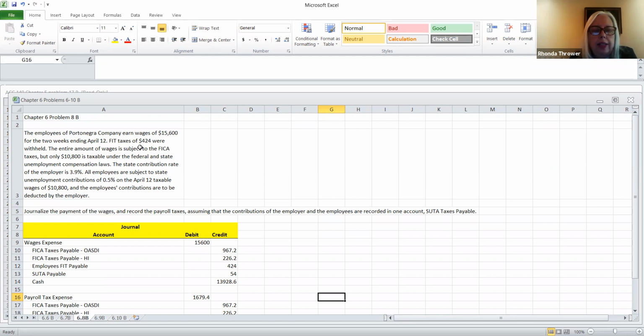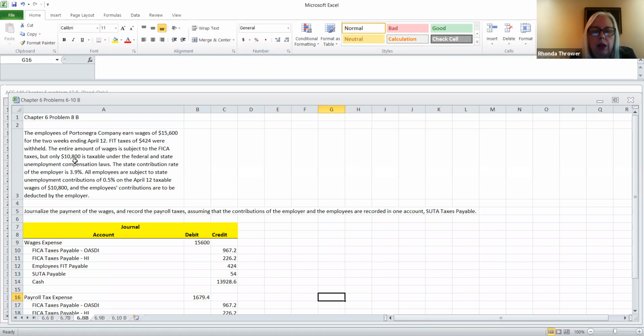The FIT taxes were $424 that were withheld. That's the federal income taxes. The entire amount of wages is subject to the FICA taxes, but only $10,800 is taxable under the federal state unemployment compensation laws. So this is going to be the base for the FUTA and the SUTA.